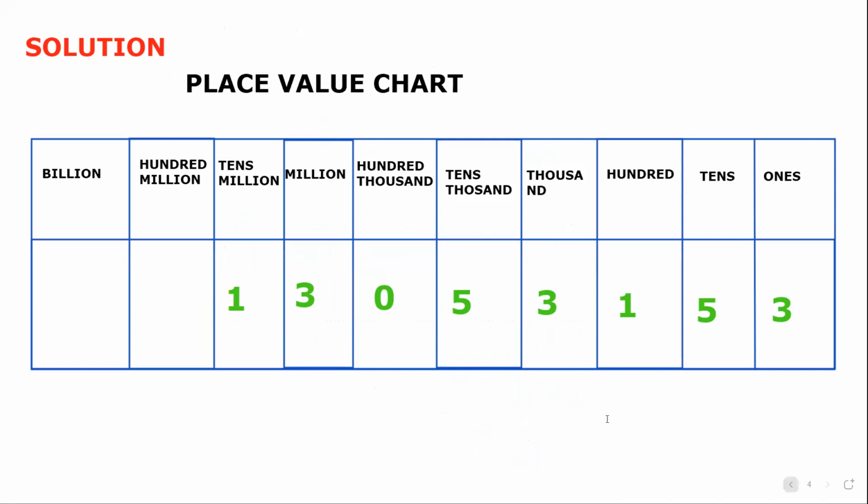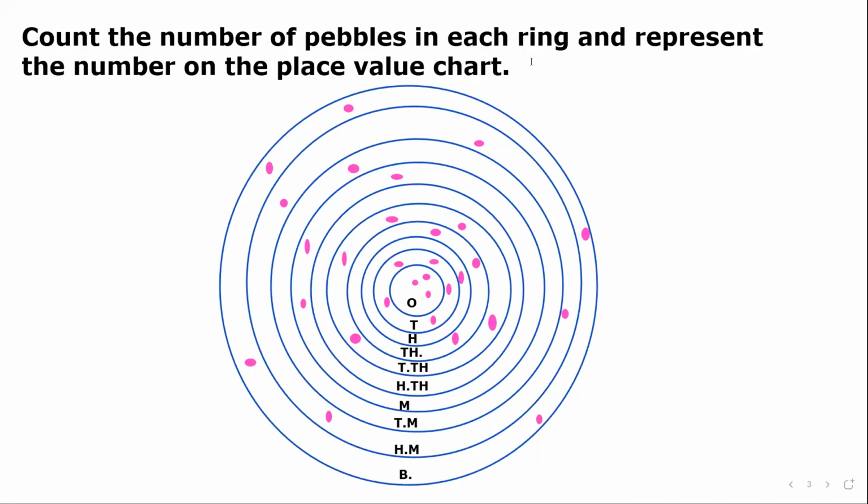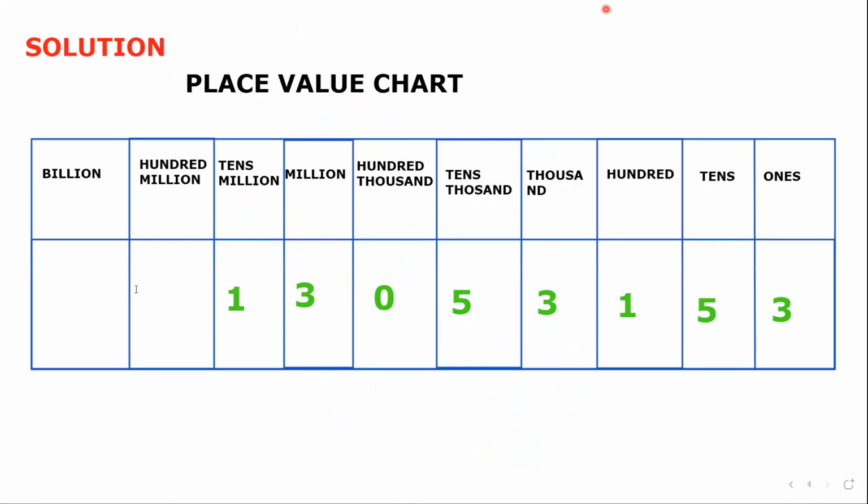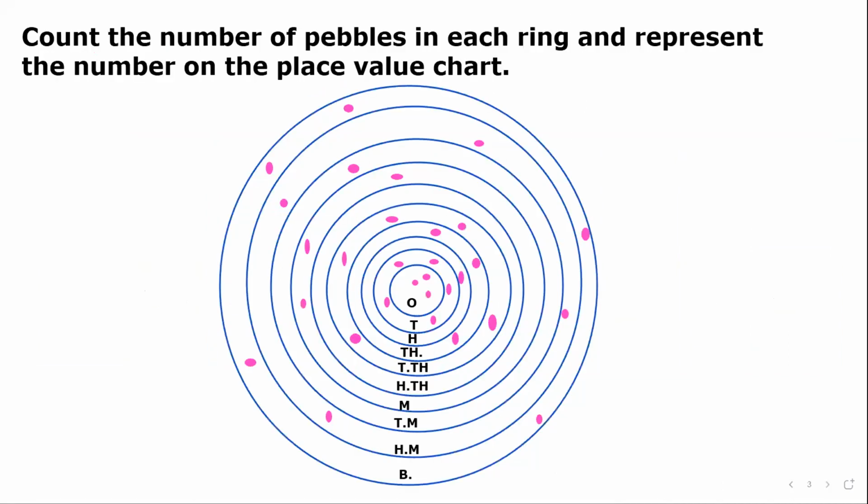Then you check the next rank, which is the hundreds of million. The hundreds of million, they are 1, 2, 3, 4. Then you write the hundreds of million, 4. That is the 4. Now you check the last ring, and then you count the number of dots over there.